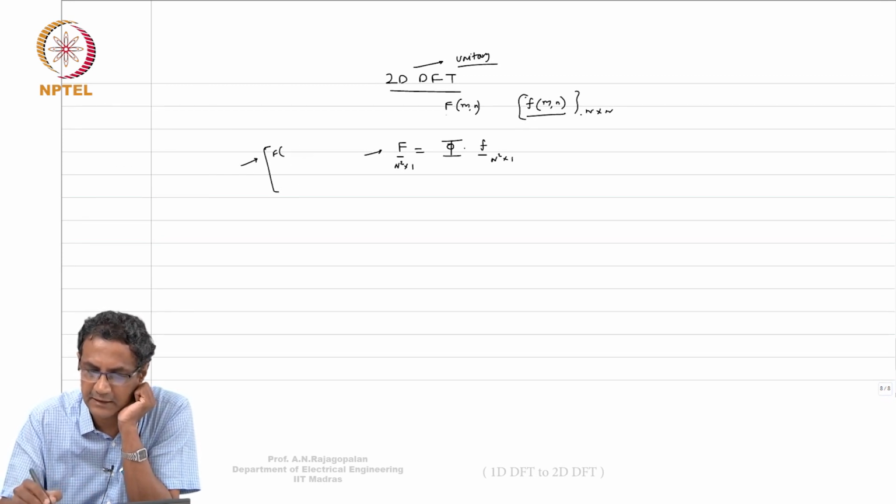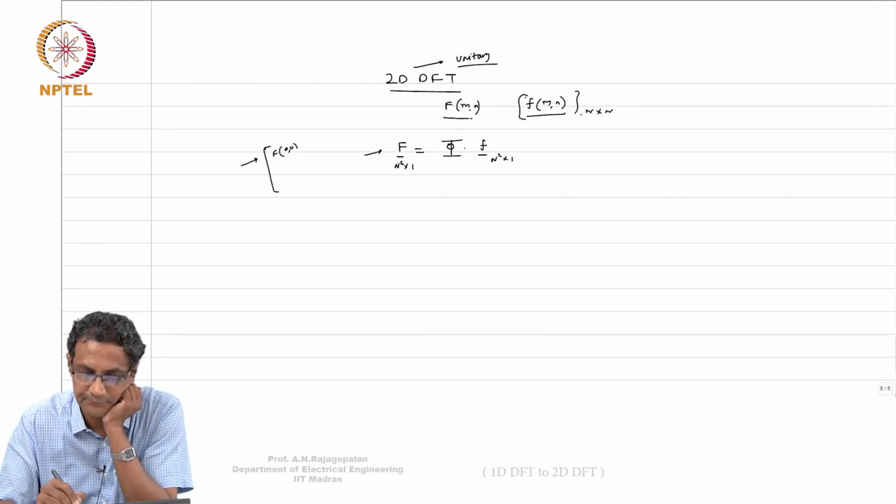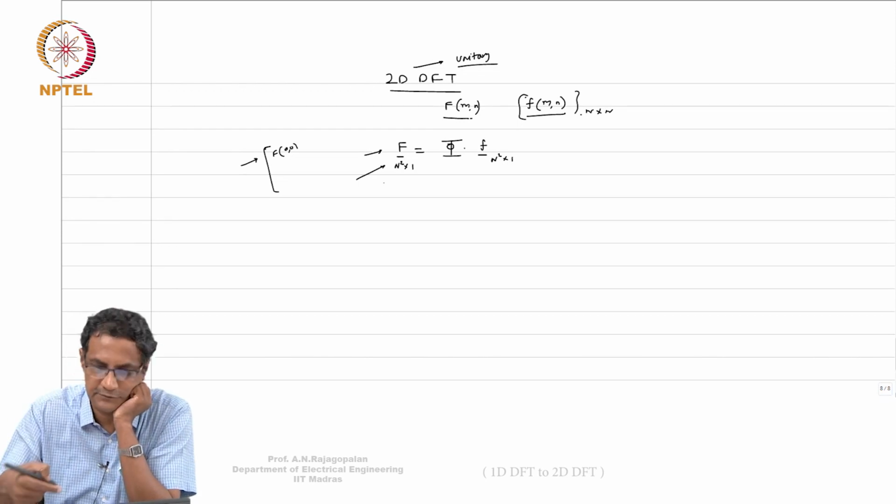The first entry is 0 comma 0, then 0 comma 1, then 0 comma n minus 1, then 1 comma 0, all the way.